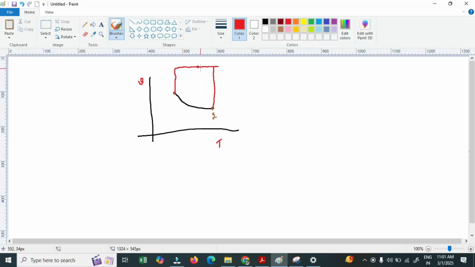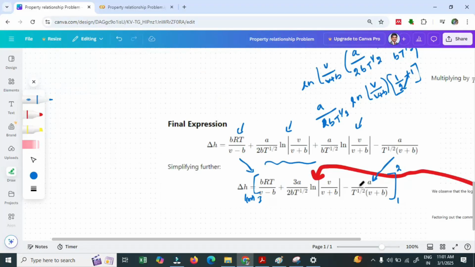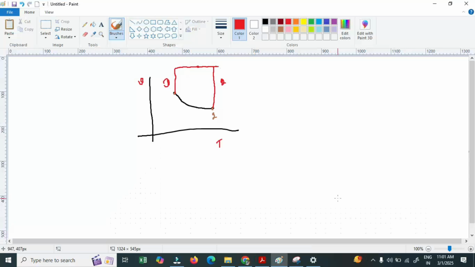Also, if you want to integrate here, I must know the volume V1 and V intermediate. And V1 I need to determine. I will do it later in Google Colab, because solving the cubic equation is the biggest task. I just use the programming language to solve that.